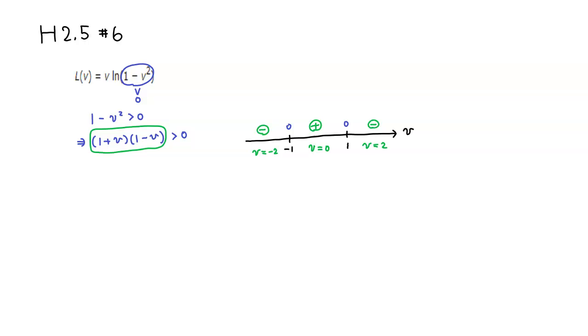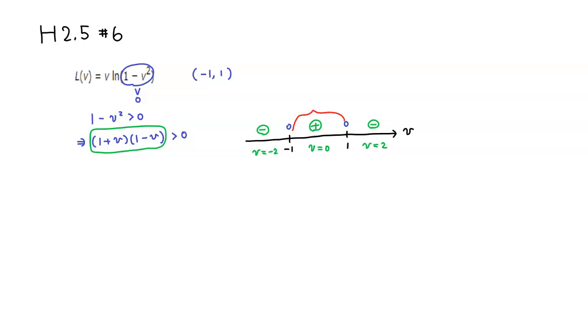So what we want is between -1 and +1, because that's where we get the positive value. Therefore, the domain of this is going to be from -1 to +1.